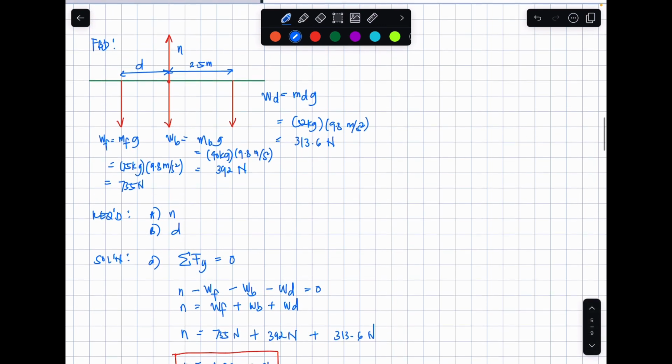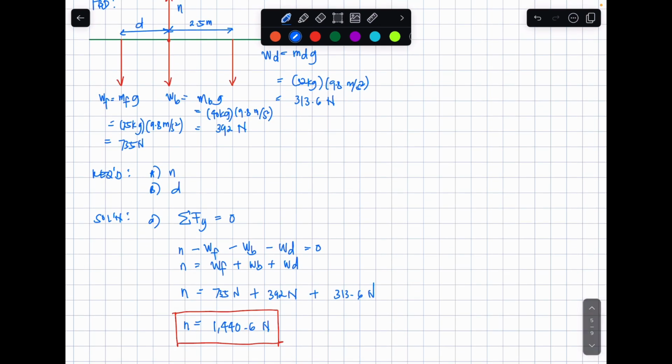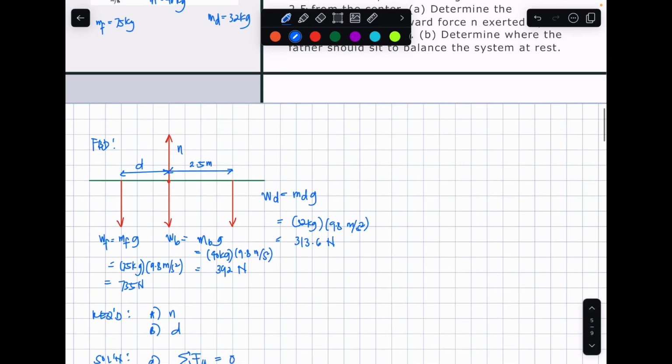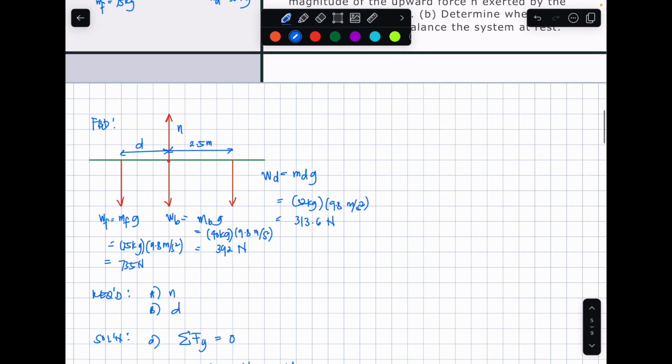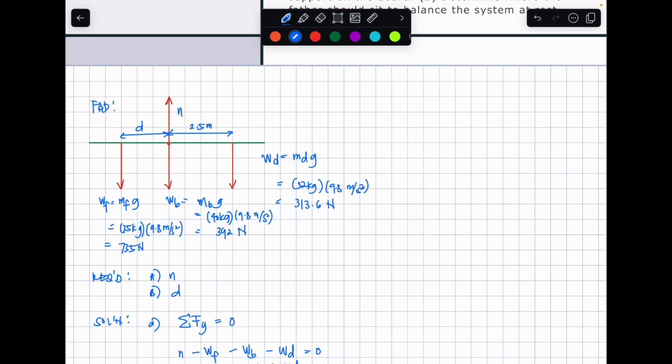And for the second one, we can take the summation of the torque. The summation of the torque can be taken at different points. We can take it at any point which involves force.